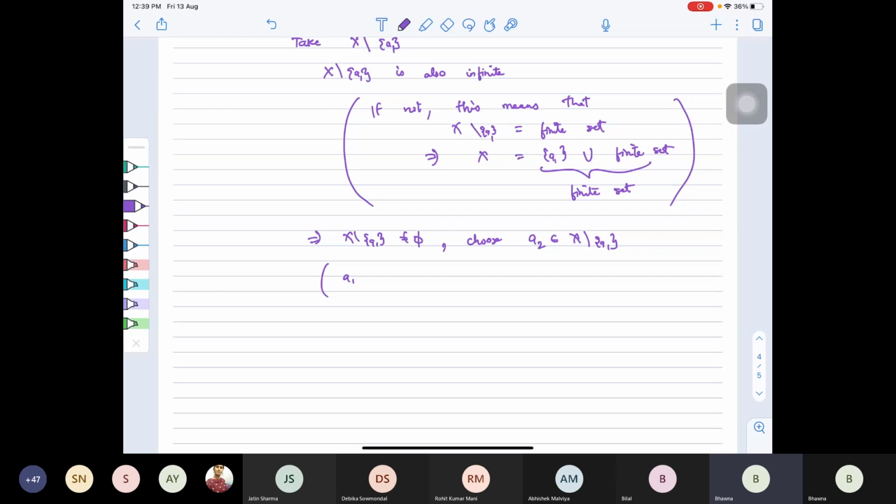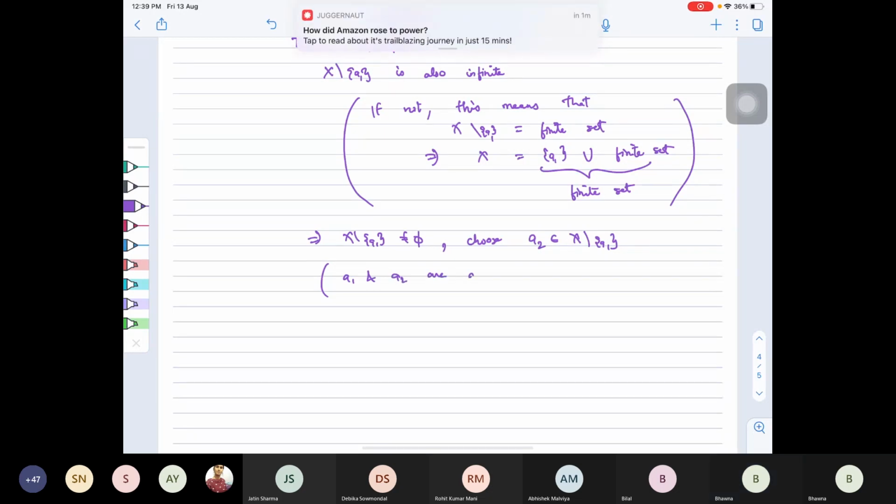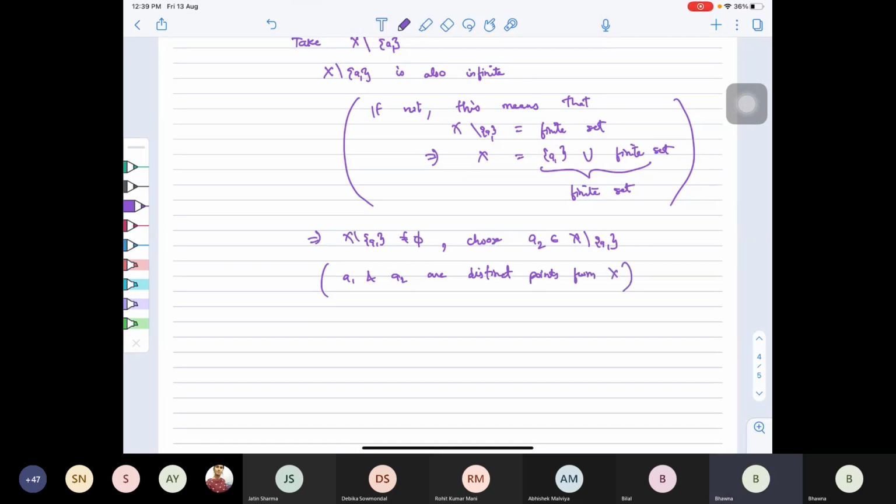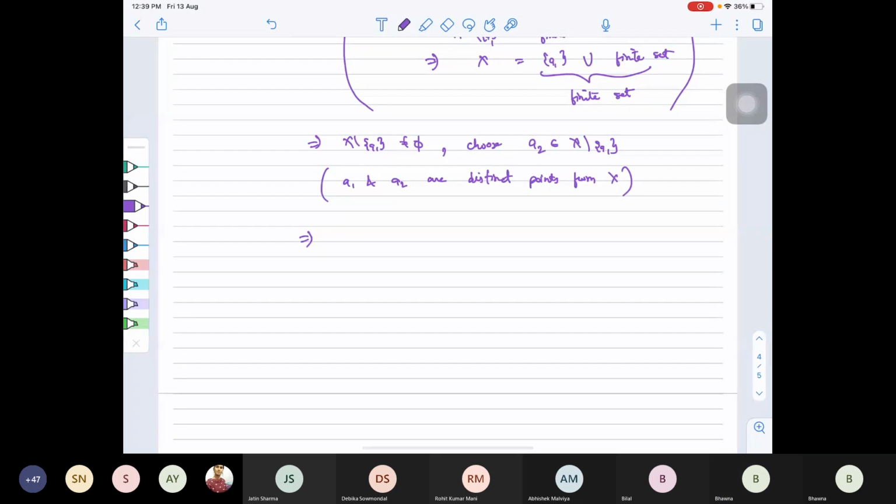A1 and A2 are distinct points from X. In a similar way, I can choose An in X minus A1 up to A(n minus 1), and all these points are distinct.